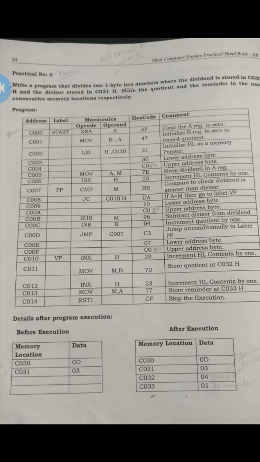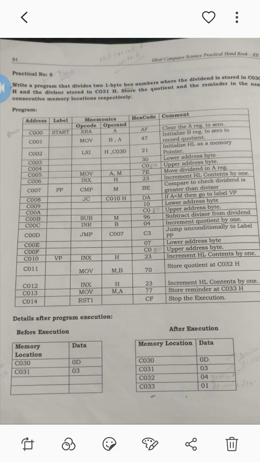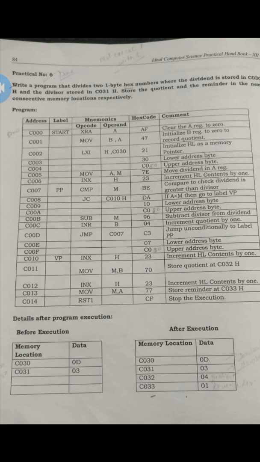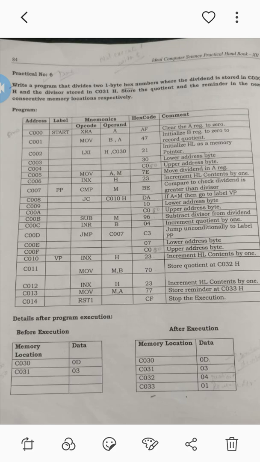Then we have to store the quotient and remainder at the next consecutive memory locations. As of now, the HL register is pointing to 6031. That's why we increment it, because after that it will point to 6032 memory location. So we are incrementing the value of HL, and the hex code of INX is 23.